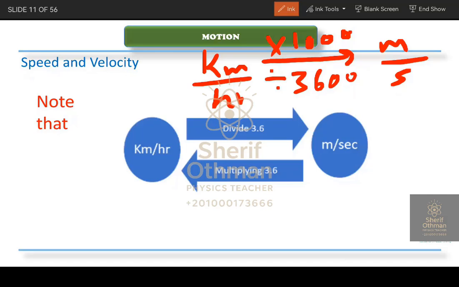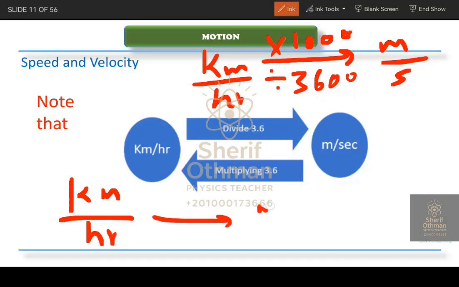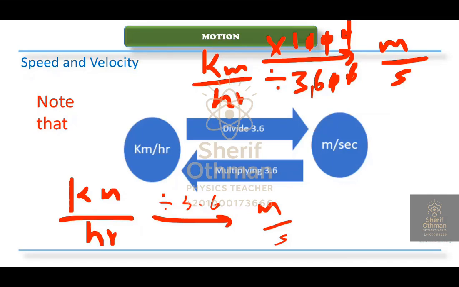By the end, to convert from kilometer per hour to meter per second, you will divide by 3.6. So the conversion from kilometer per hour to meter per second is by dividing by 3.6, and from meter per second to kilometer per hour, by multiplying by 3.6.